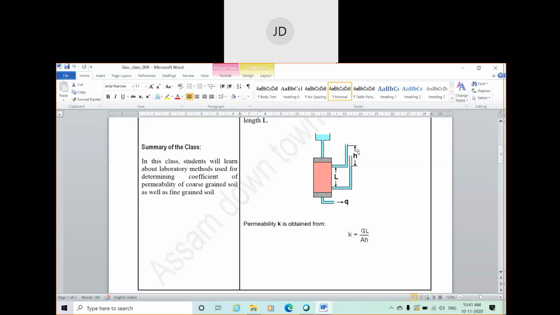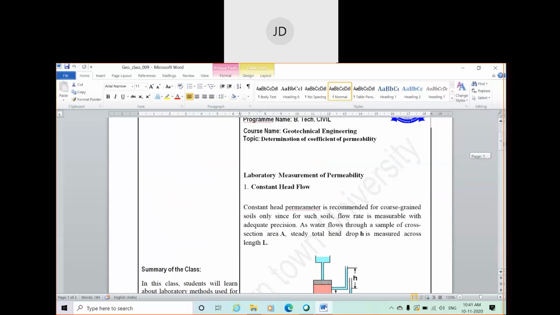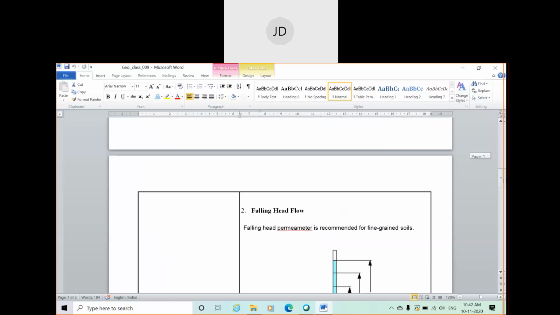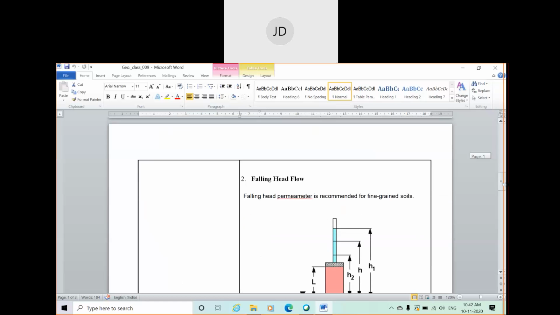H is the constant head, which always remains constant. So using this equation, you can find the value of k for any kind of coarse grained soil in the constant head permeability test in the laboratory. Next we'll discuss the falling head test. The falling head test is simply the opposite of the constant head test.